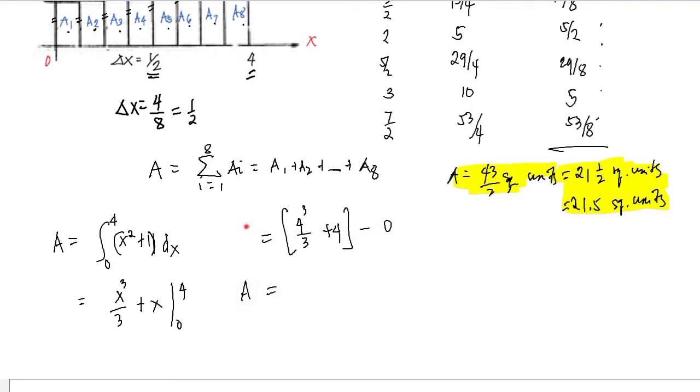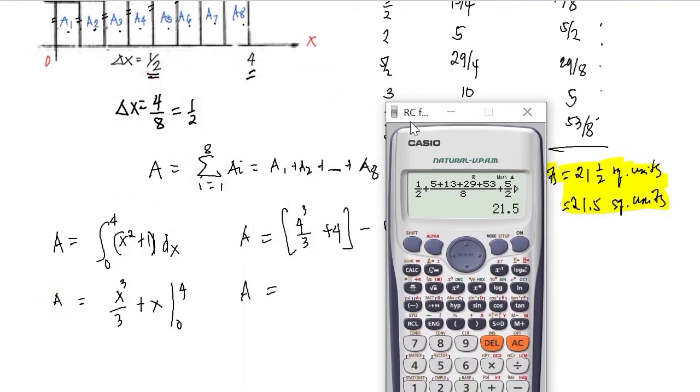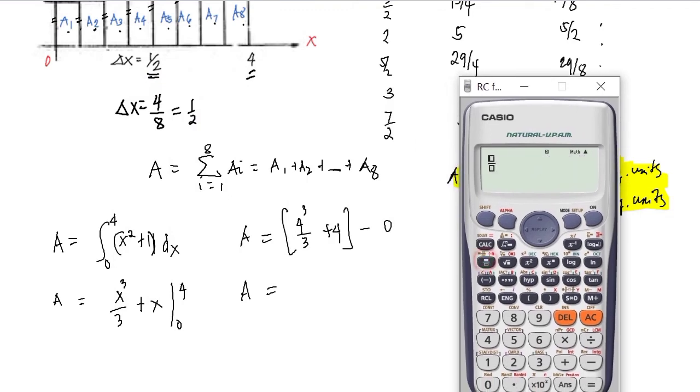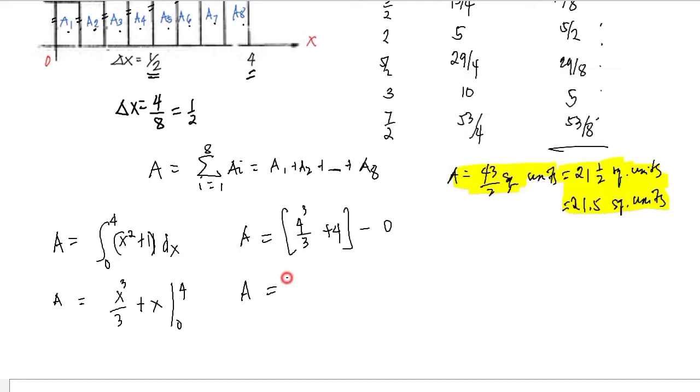So, our area will be equal to, computin natin, we have 4 raised to 3 over 3 plus 4. That's 25.333, or that's 76 over 3, no? Approximately 25.333, no? Square units.